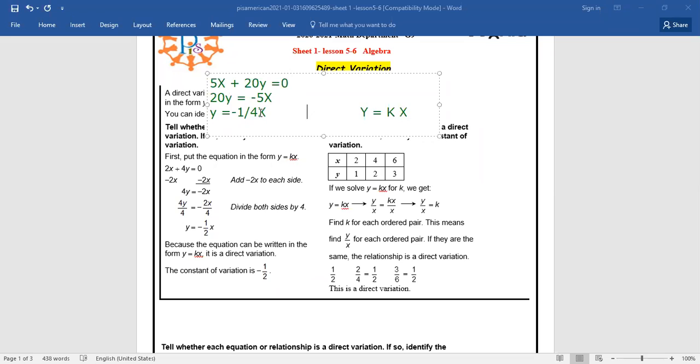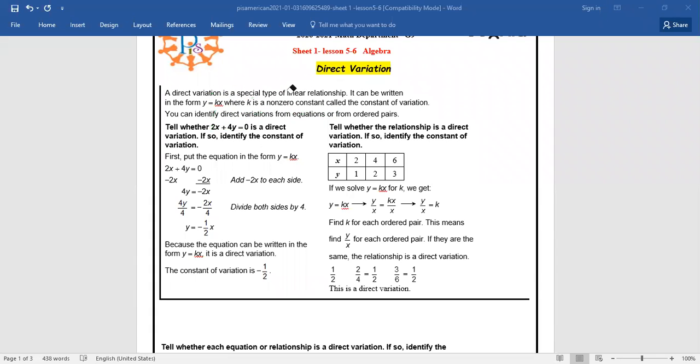And what is the constant of variation? Negative 1 over 4. So the constant of variation now is negative 1 over 4, which means the value of k, the constant, is negative 1 over 4. Okay, understood?